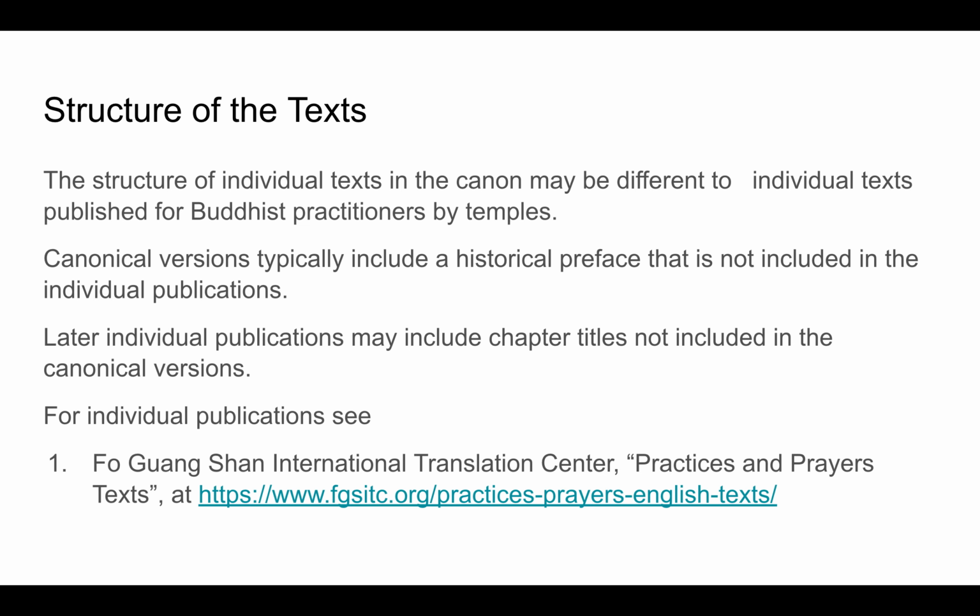For example, the Diamond Sutra, in the canonical versions has no chapter titles, it's just the one scroll, but there are 32 chapter titles that were added on later, which people feel are helpful, and you'll find those in the individual publications, but they're actually not in the canon.